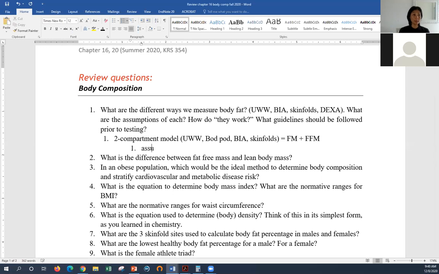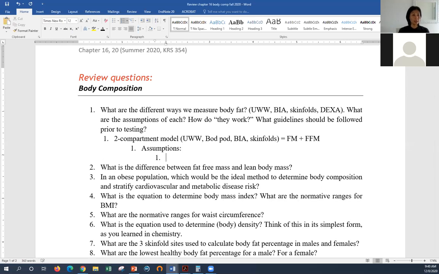This 2-compartment model has assumptions. It assumes that the densities of the fat mass and fat-free mass, which will be the protein, the water, the mineral, so bone, because that's not fat, are additive and the same. We know this is not true.